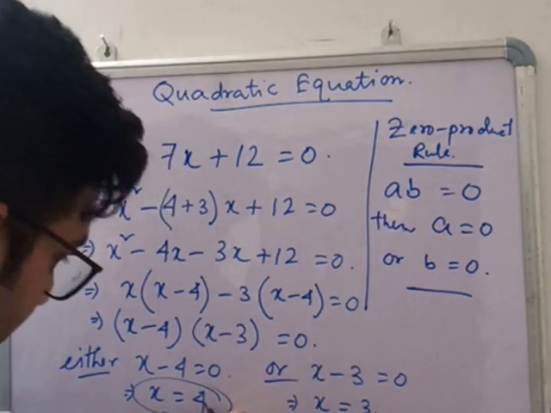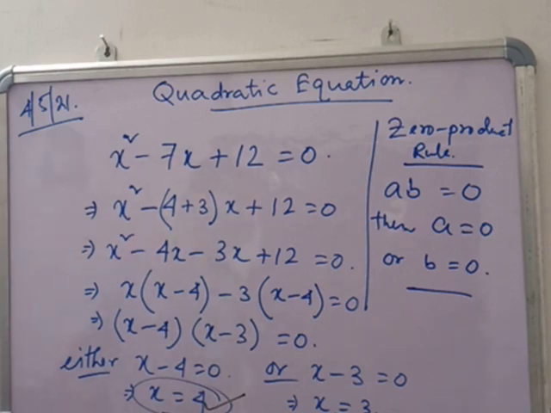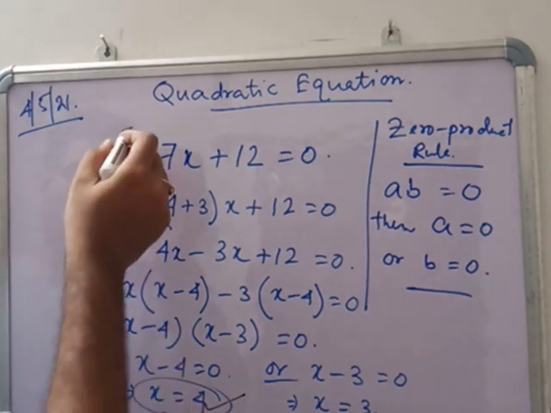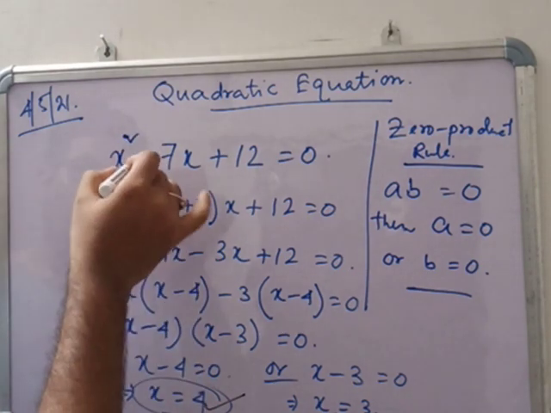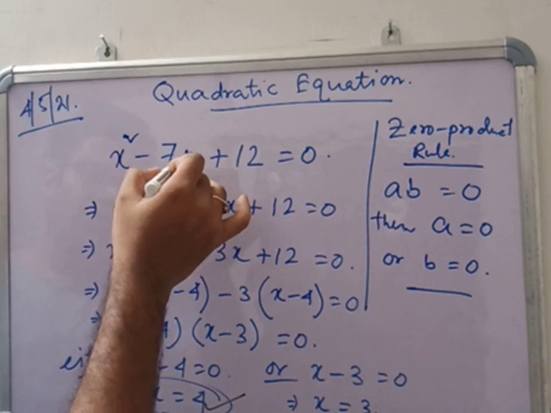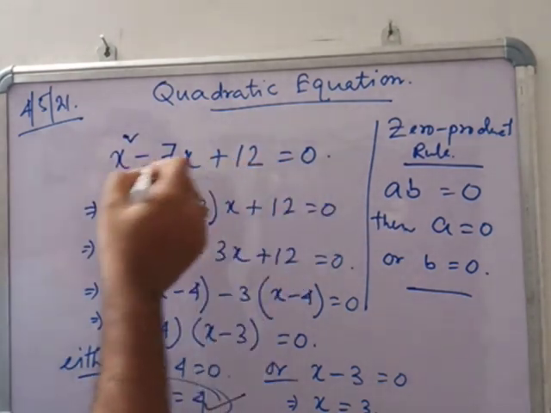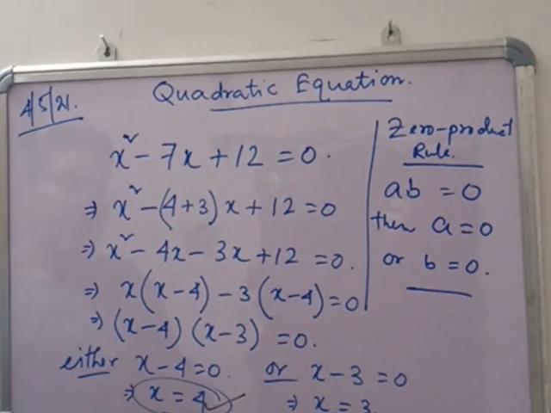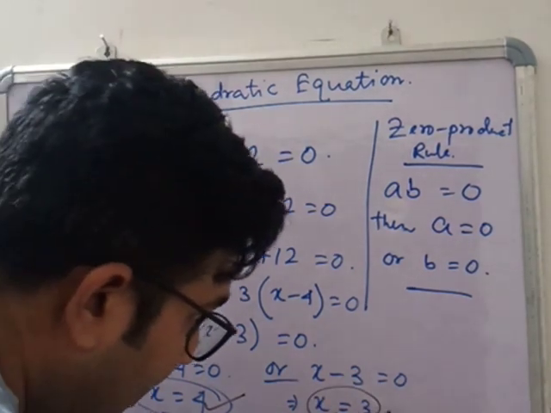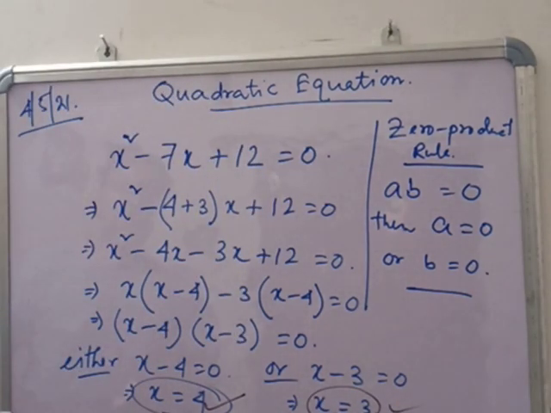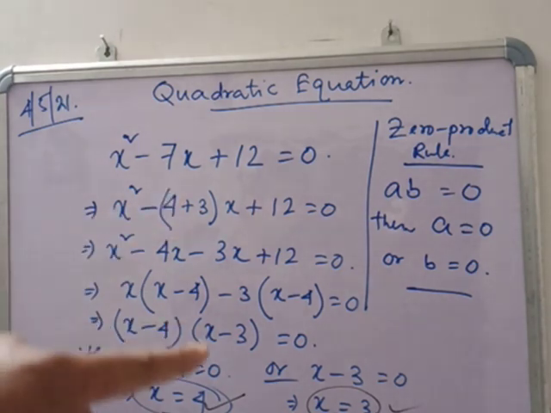Yes, 4 is a root of the equation. Now x equals to 3: 3 square means 9, minus 7 into 3, 21, plus 12. 9 plus 12 is 21, 21 minus 21 is 0. Yes, 3 is also a root of this equation. So x equals to 4 and x equals to 3 are the roots of this equation.